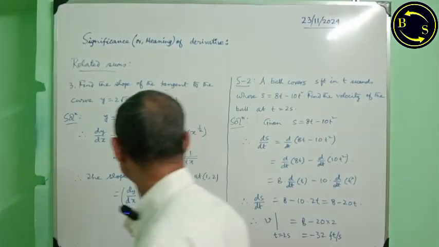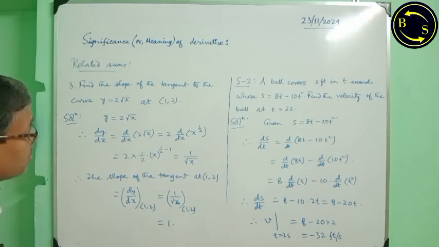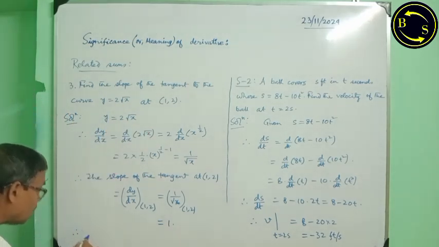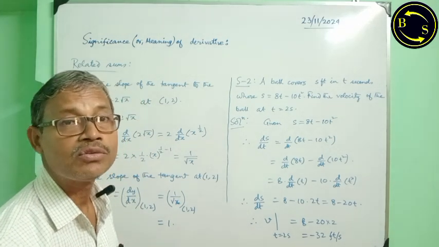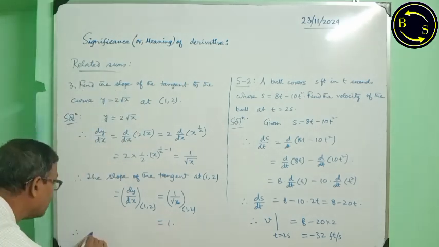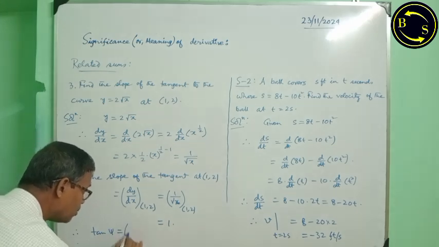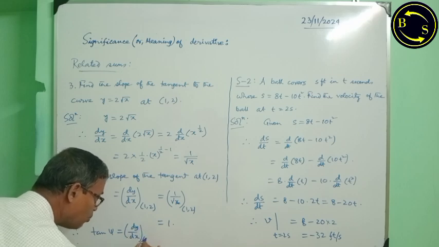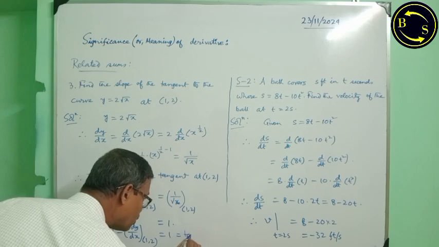It is required to find the angle of the tangent with the x-axis to this curve at this point. Already I have mentioned, if psi be the angle made by the tangent to the curve at the given point, then tan psi is dy/dx at the point 1, 2, that is equal to 1, means tan 45 degree.